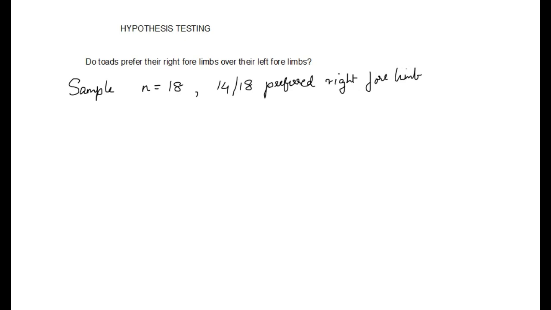But since it's a random sample, you could end up with any kind of result, any value between 0 and 18. Depending on the sample that you took, it's possible that you could get just 6 right-limbed toads out of 18, or you could end up with 15 out of 18. You could end up with a whole range of values. However, in this particular sample, they got 14 out of 18.